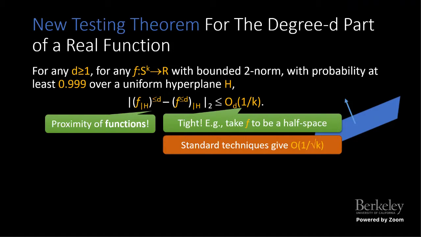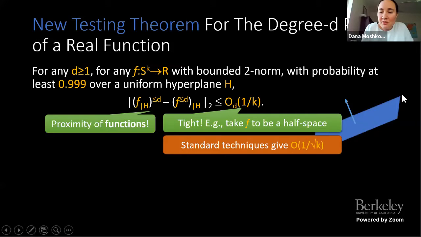It says that if you are given a function defined over many dimensions, you look at the hyperplane, so one less dimension. You look at the low-degree part on the hyperplane versus the low-degree part globally, restricted to the hyperplane. The two are essentially the same.